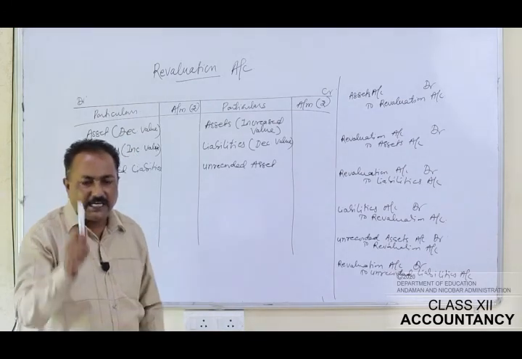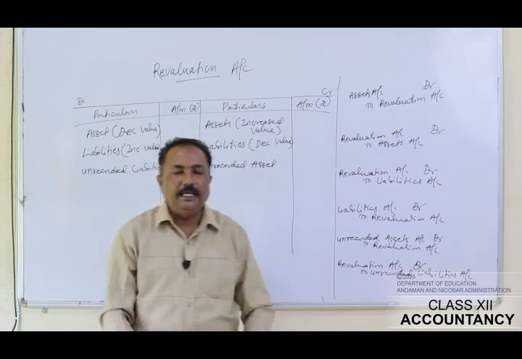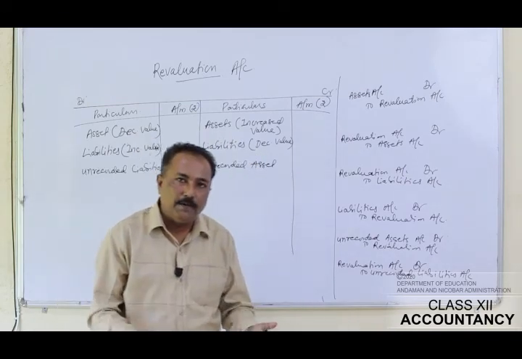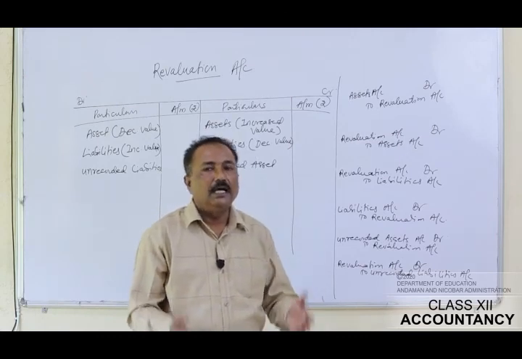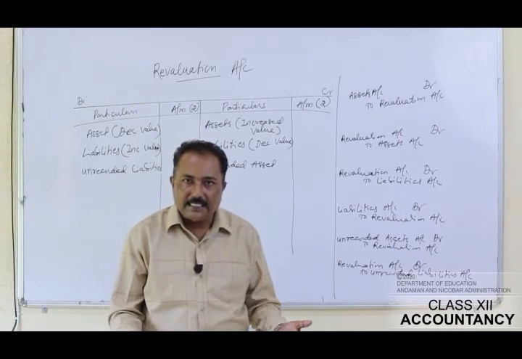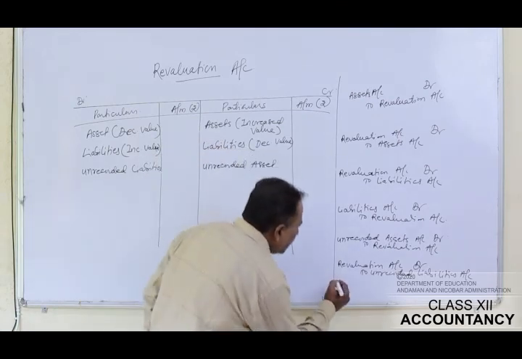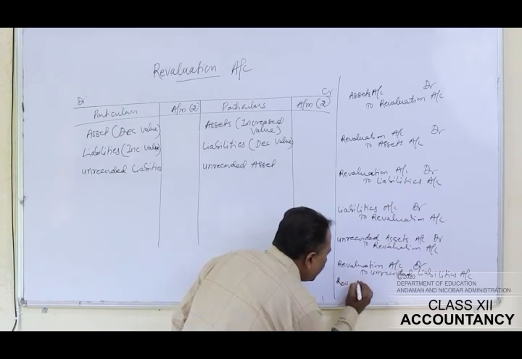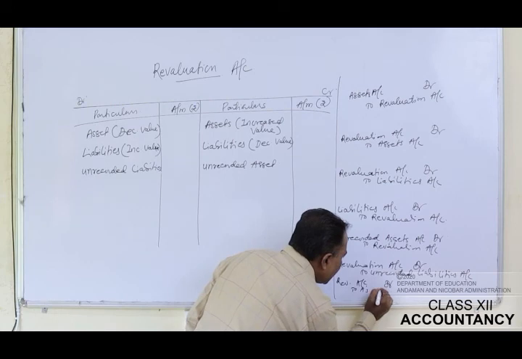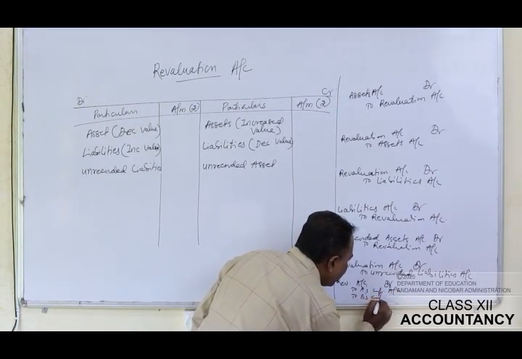And the last journal entry, which I told you about, is the gain on revaluation. At that moment the journal entry will be revaluation account debit to old partners' capital accounts, that is, revaluation account debit to A's capital account and B's capital account.